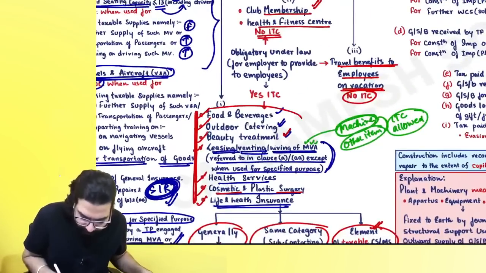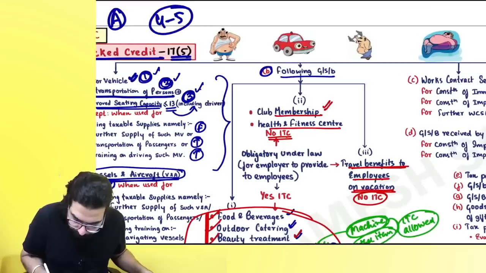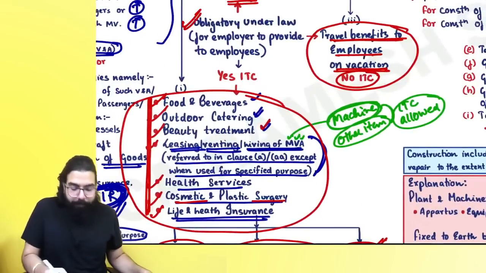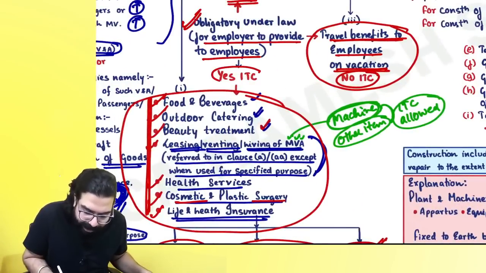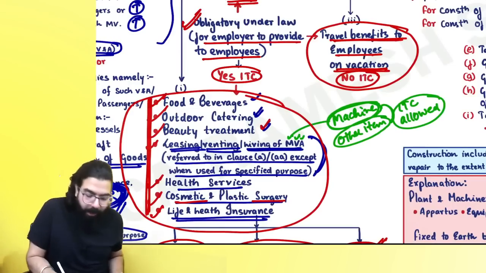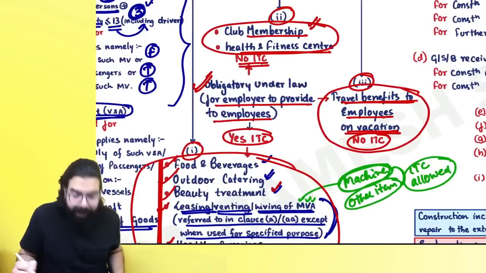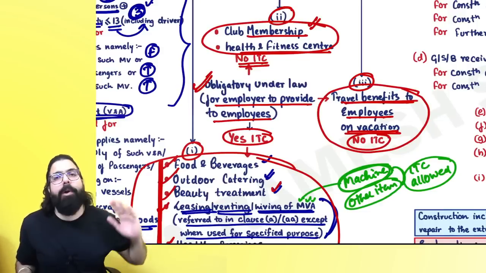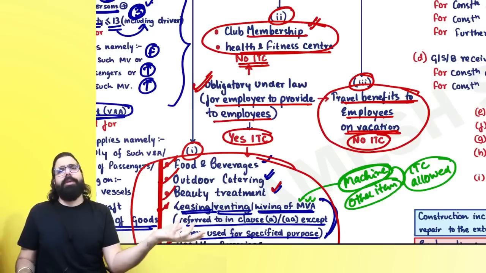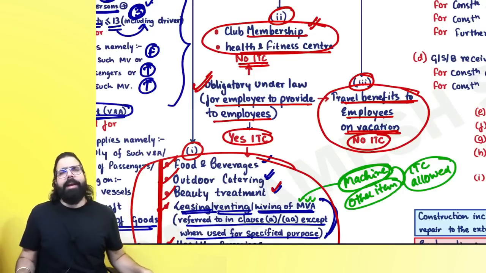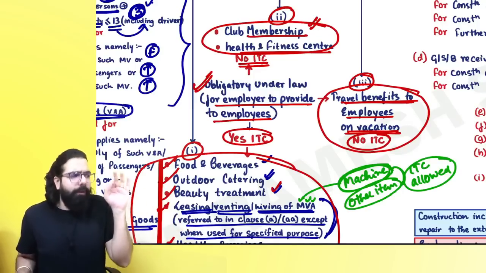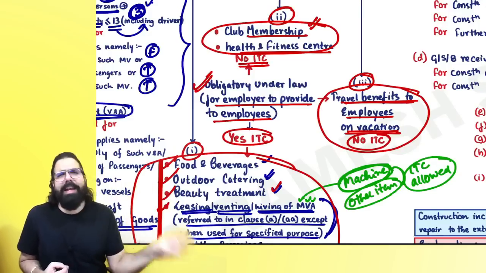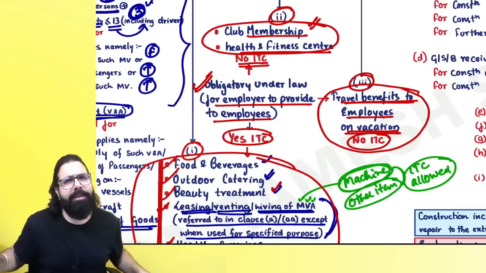Everyone listen to me very carefully. If 1, 2 and 3 is provided as an obligation under law from the employer to the employee, then ITC will be allowed. For example, it is obligatory for the employer to provide food to their employees under the Factories Act, and hence to provide that food, catering services are taken, then yes sir, the ITC on catering services will be allowed.